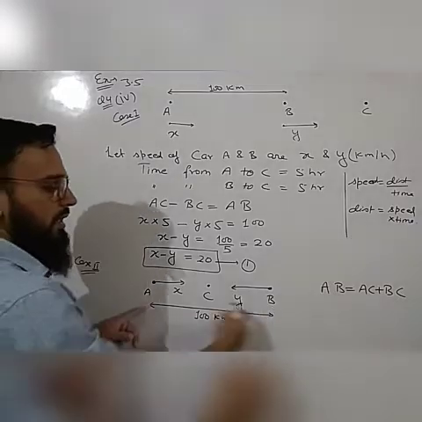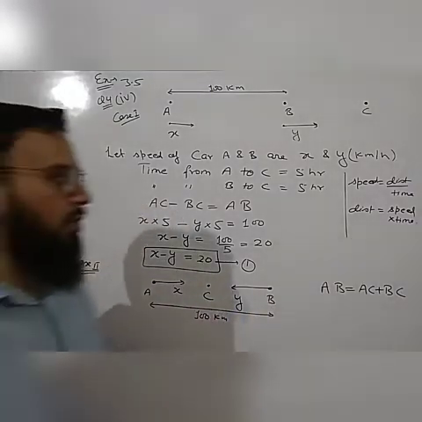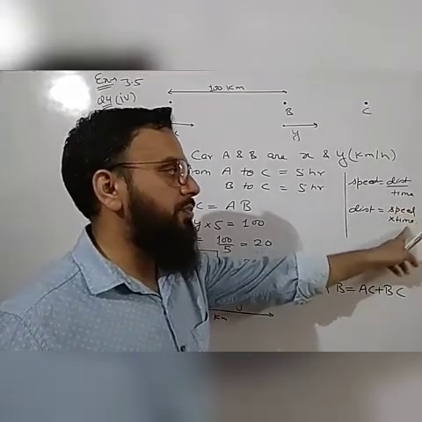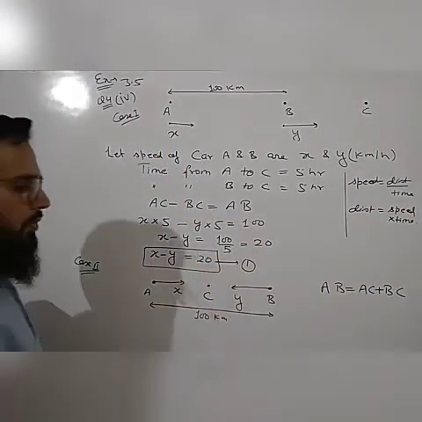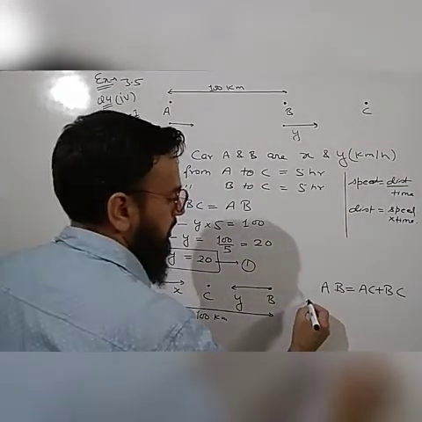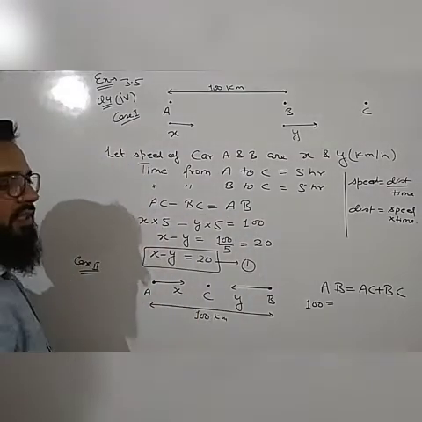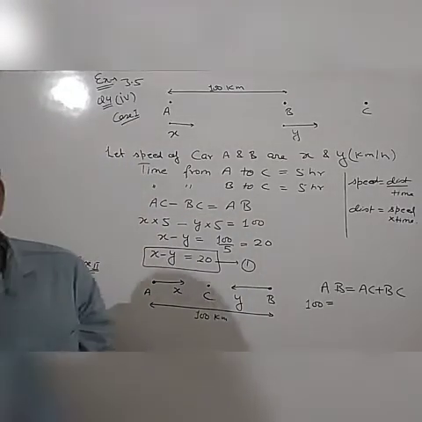AB is a distance, AC is distance, and BC is also distance. And what is the formula of distance? Distance is equal to speed into time. So now AB is a distance and this distance is 100 km. So we can write it as 100 is equal to, what will be the value of AC? How much time? The question is given.